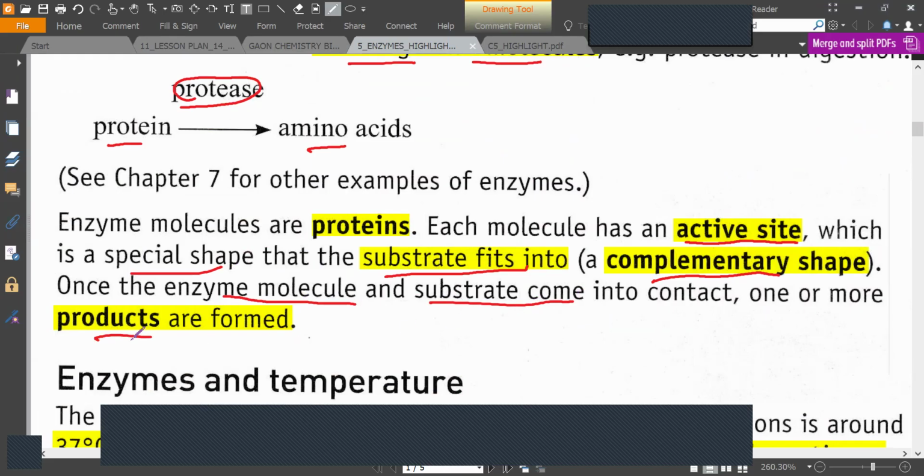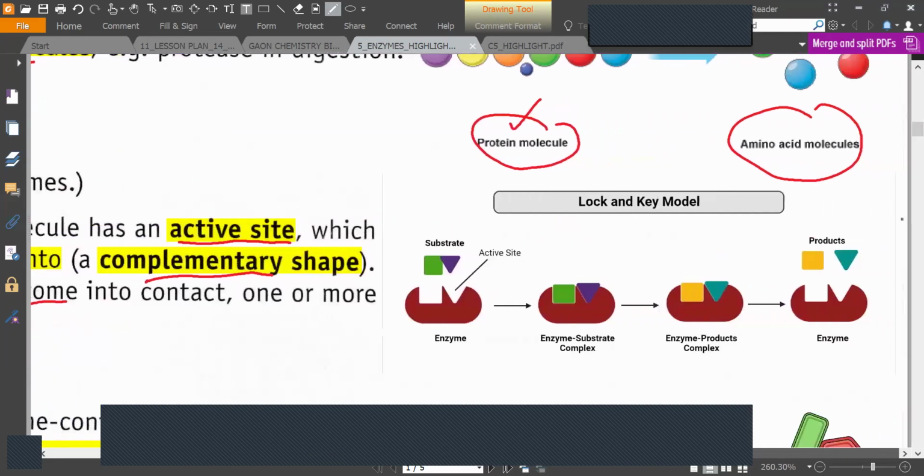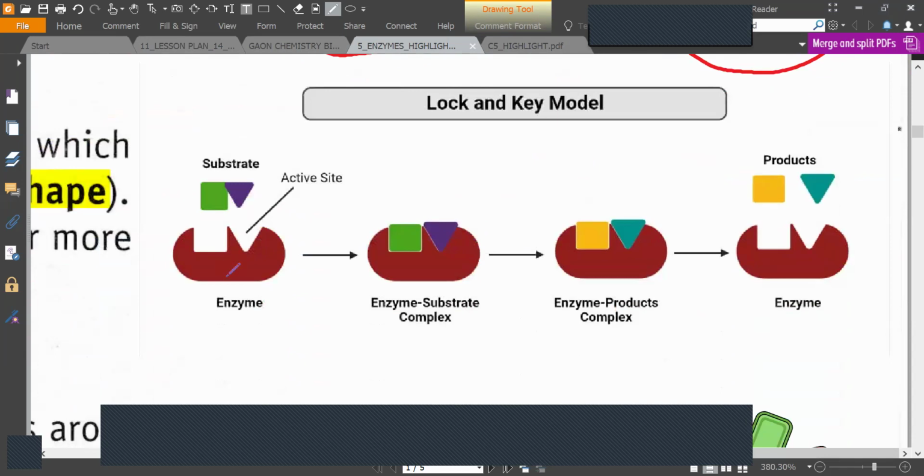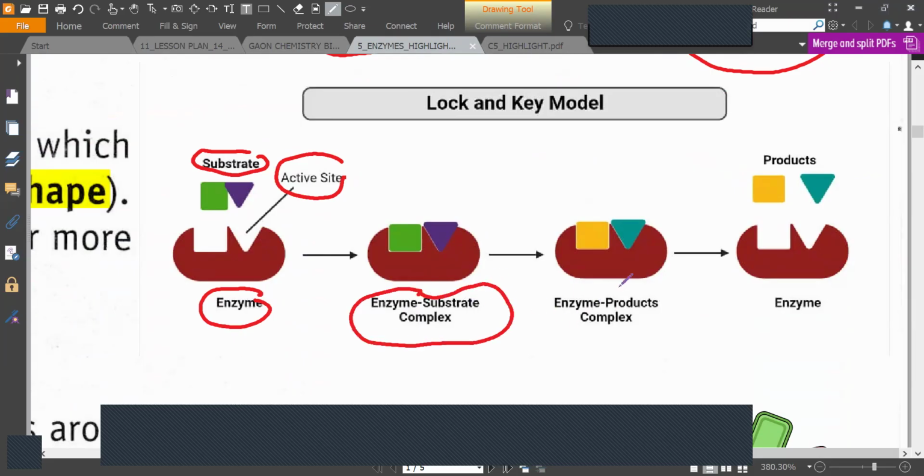So each enzyme has a special shape, the active site, for the substrate to fit into, and then it forms the enzyme-substrate complex, the enzyme-product complex, and finally the product.